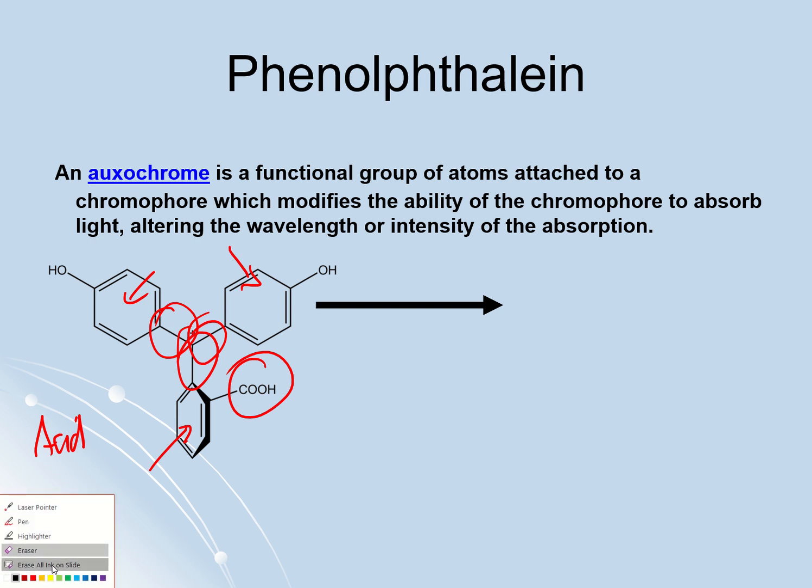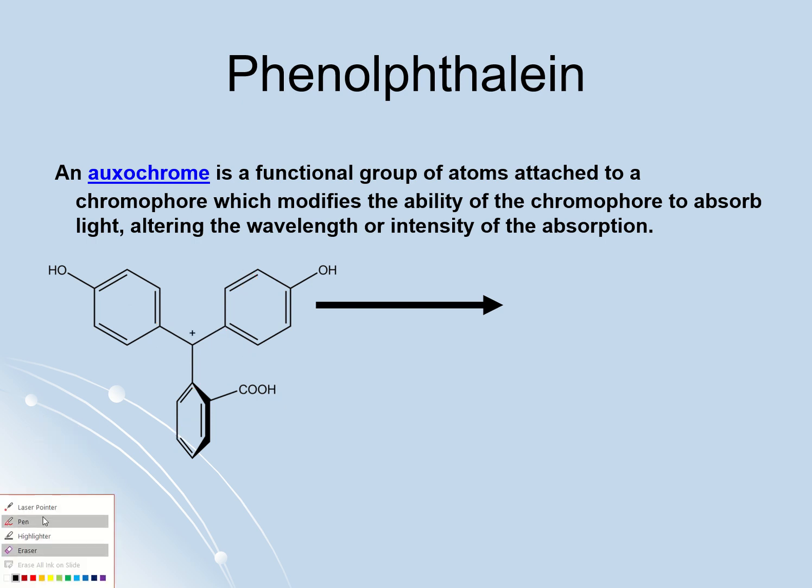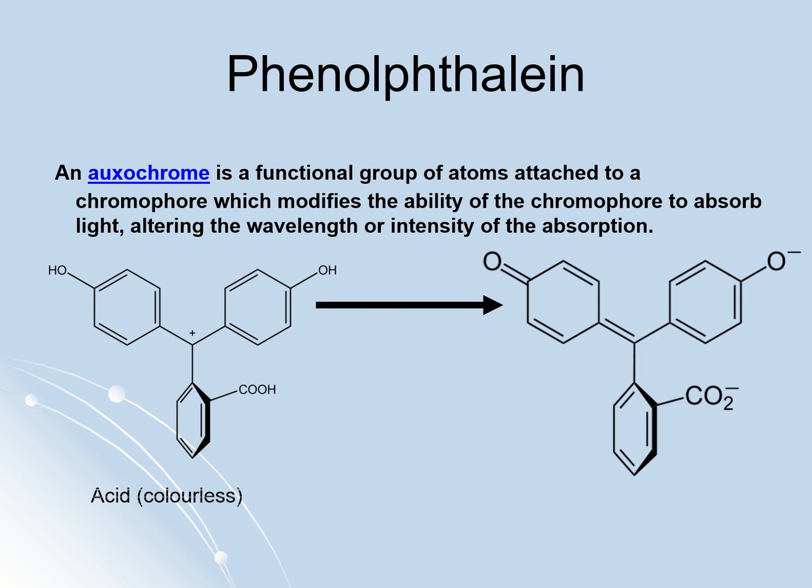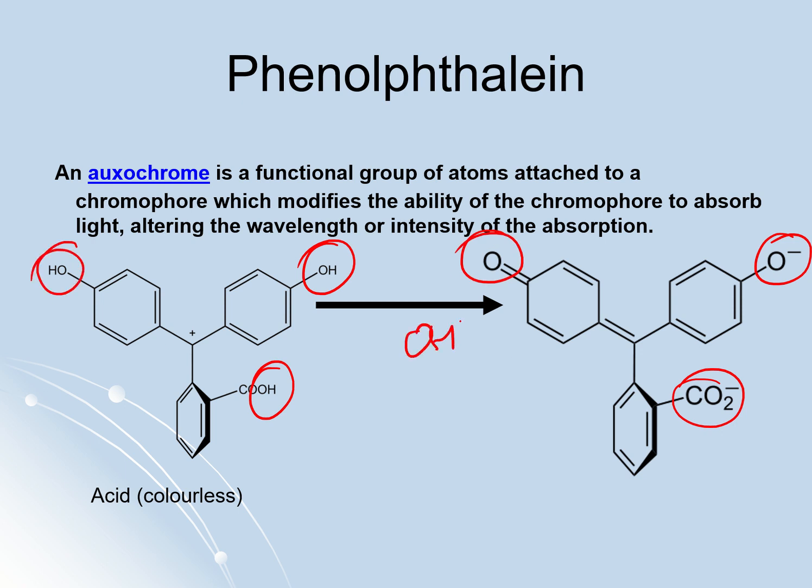So when you have phenolphthalein in acid, it's colourless. If I put phenolphthalein into alkali then, I deprotonate acidic groups and I change the bonding a bit. Okay, so you can see here, deprotonated, here, deprotonated, by adding OH minus and deprotonating with the base.